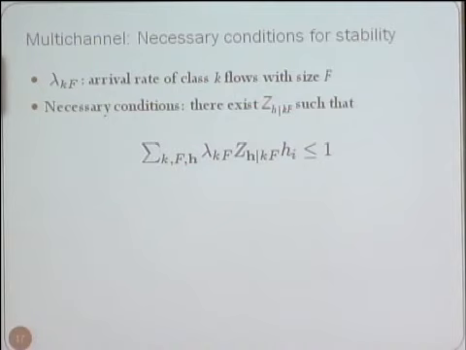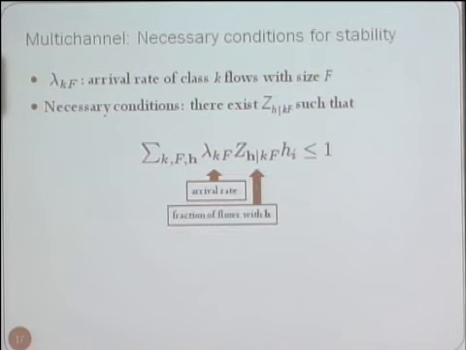The necessary condition for stability is that when a flow arrives, you decide how many channel uses it gets on channel i. Okay, and then z_k is the fraction. So let me just go through this condition. So lambda_kf is the arrival rate of flows of type k which have a file size of f. z is the fraction of flows of that particular class and particular file size that you allocate a particular channel allocation vector h.